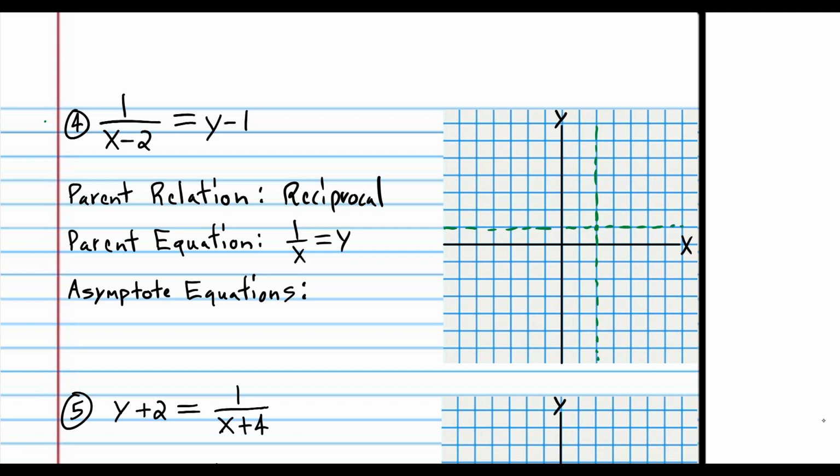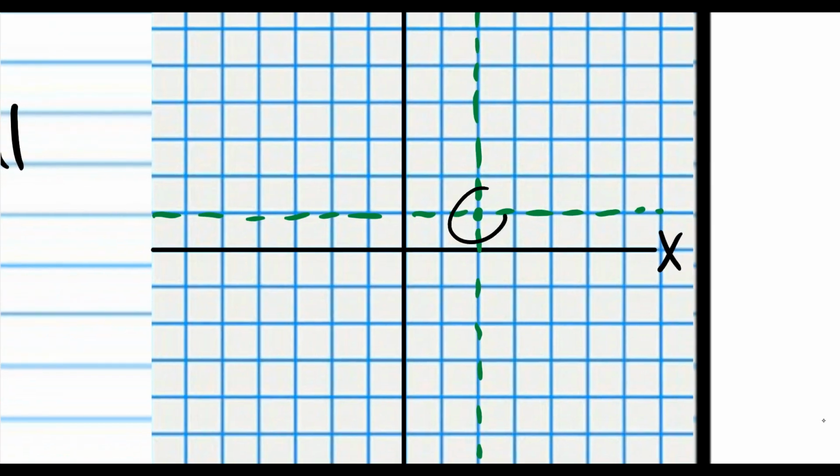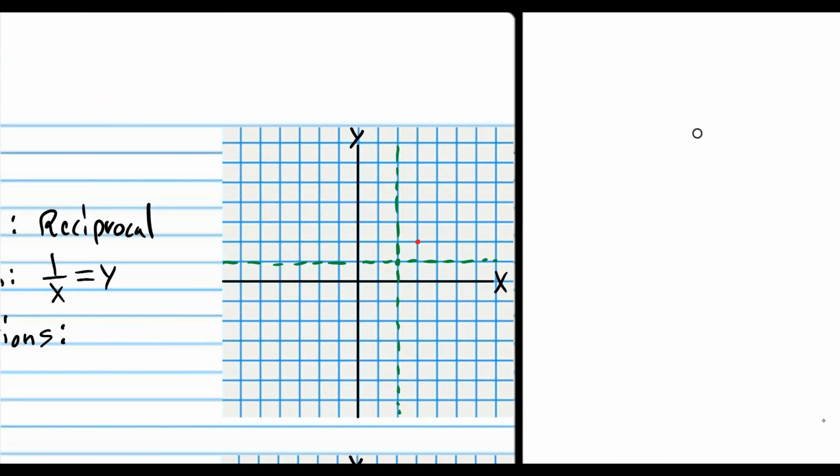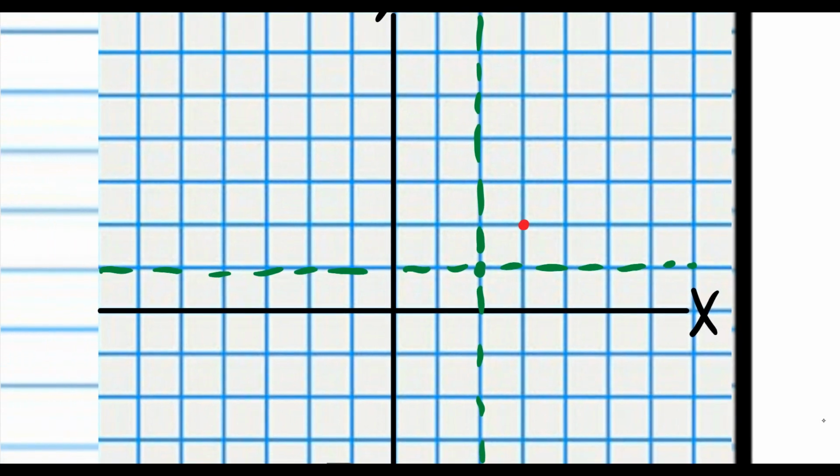Then we're going to pretend that this is the origin. It's not the origin. This is the origin over here. But we're going to pretend that that's the origin, and we're going to plot those points in your table. 1, 1 is 1 point. Again, out 1, up 1.